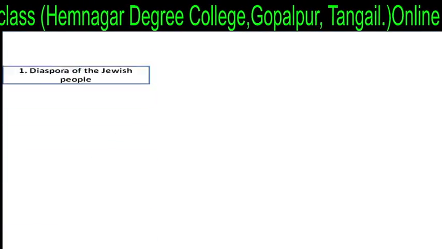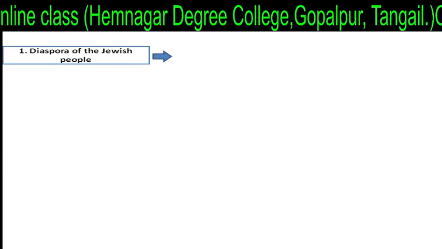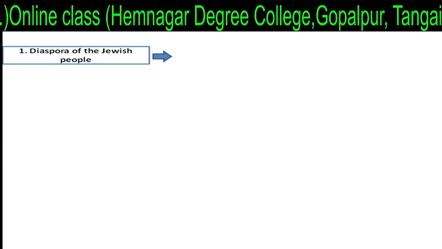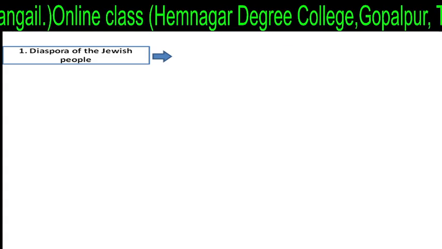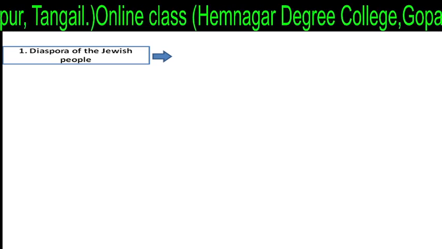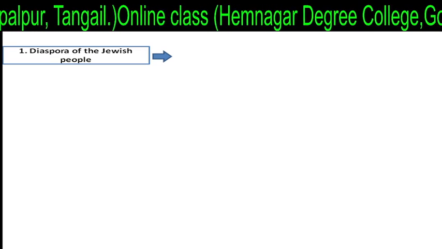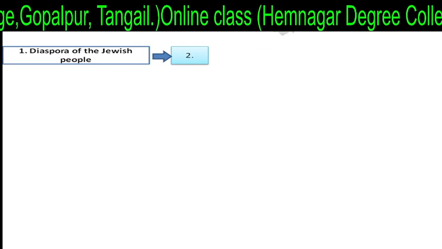Now let's see the flowchart. Since number 1 has been done for you, here the number 1, diaspora of the Jewish people. So here the used structure is noun or noun phrase, and you have to complete the next part of the flowchart using the structure noun or noun phrase.